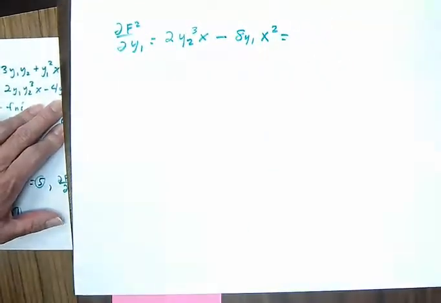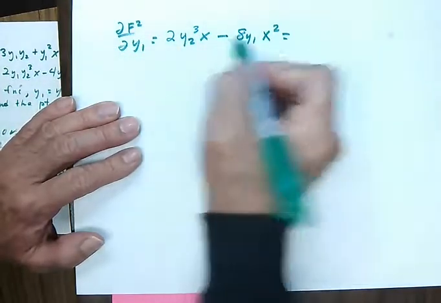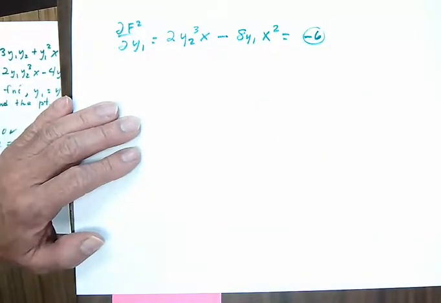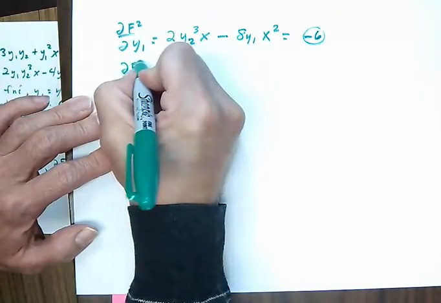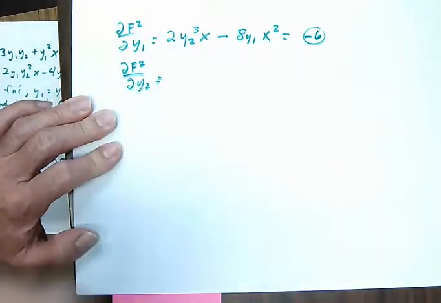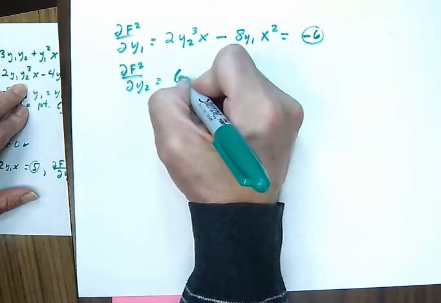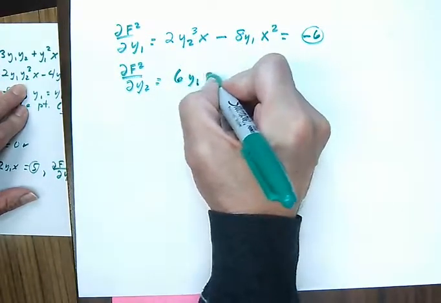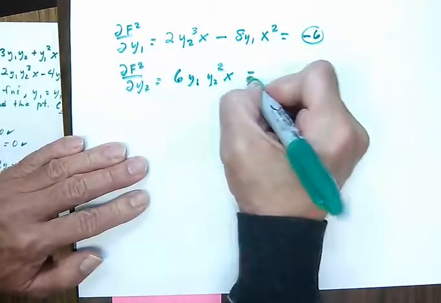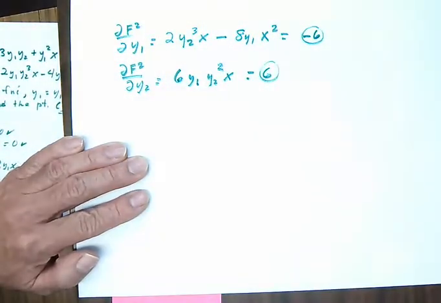Evaluated at the point, this comes out to 2 minus 8, or minus 6, which is a defined value. Next, the partial with respect to y2 is 6y1 y2 squared x, which at our point comes out to 6, a defined value.